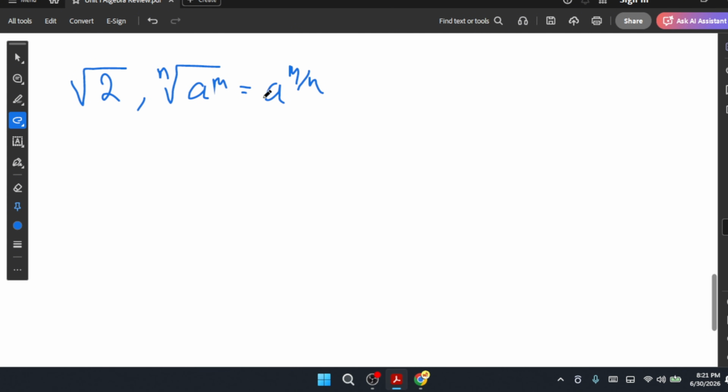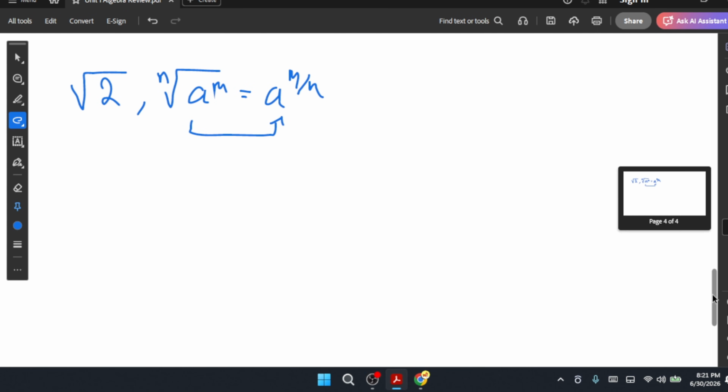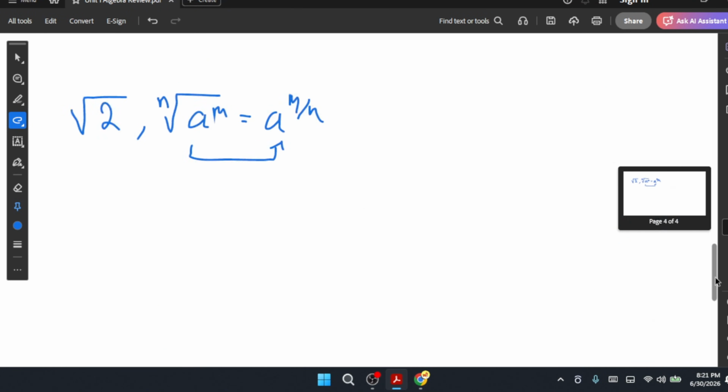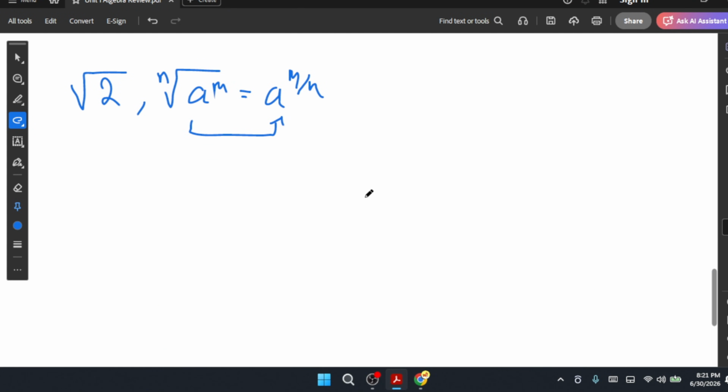As you can see, if we write out the rules for exponents, the rules for radicals will be the same as the rules of exponents. So I don't need to write the rules again. I assume you will know.